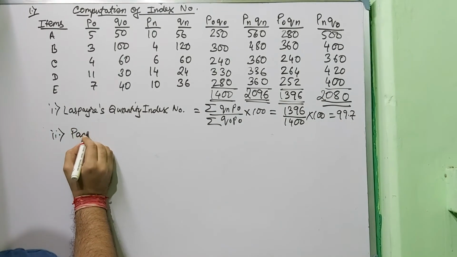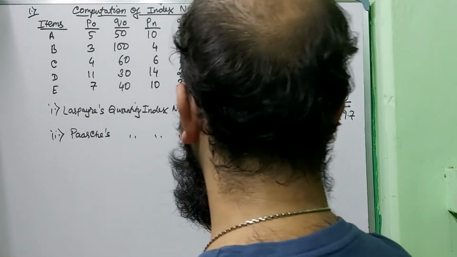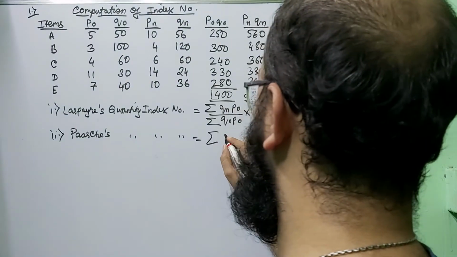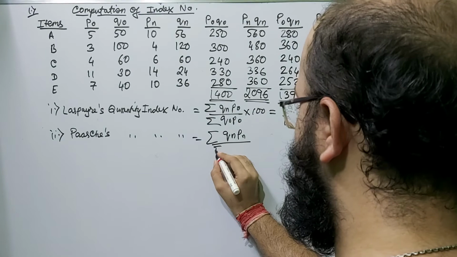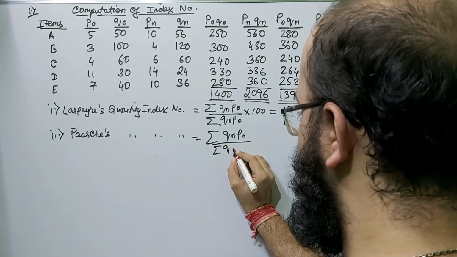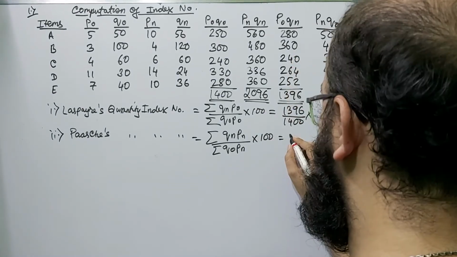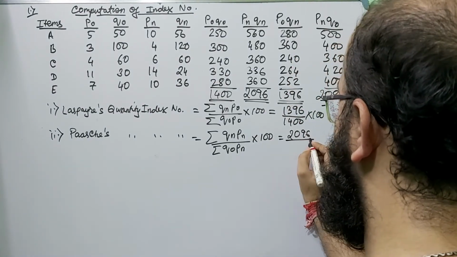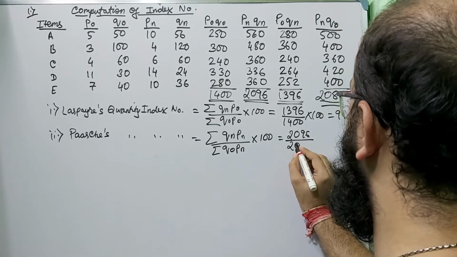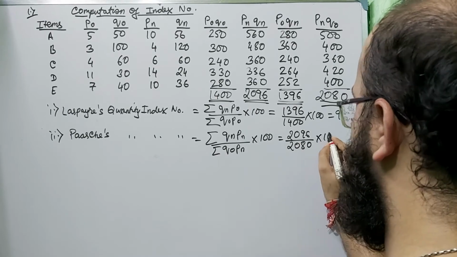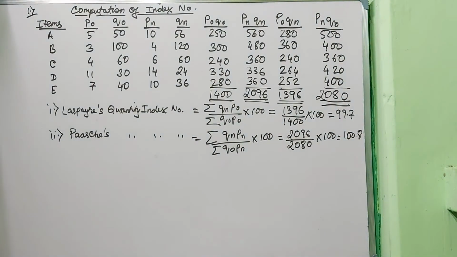Paasche's: what is the formula? Summation of Qn Pn by summation of Q0 Pn into 100. So 2096 by 2080 into 100, 100.8. Okay.